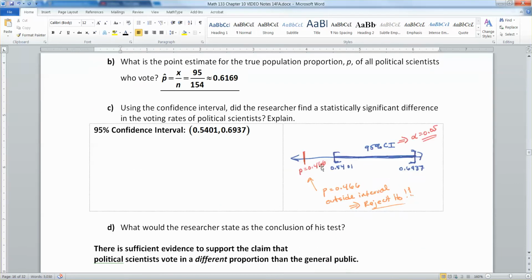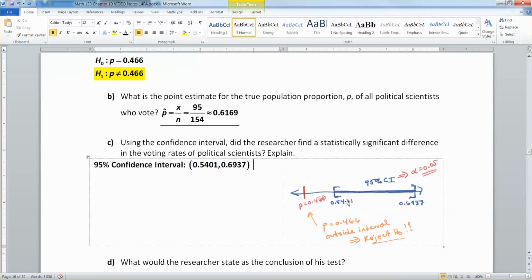And I drew a picture of it right over here so you could see. So the lower end is 0.5401, the upper end is 0.6937. All right, now he's claiming that that is different, significantly different than the regular public, which is at 0.466. And he's correct. Since 0.466 is way over here, it's outside that interval.